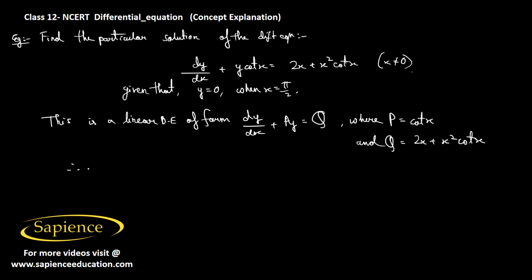So now, the integrating factor will be e power integral p dx. So that would be e power integral cot x dx. And integral cot x is log mod sin x. So this will be e power log mod sin x, which is nothing but sin x. So the integrating factor is sin x.